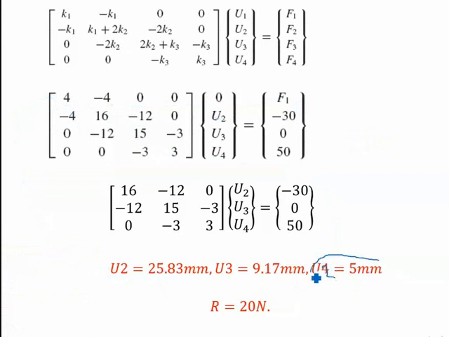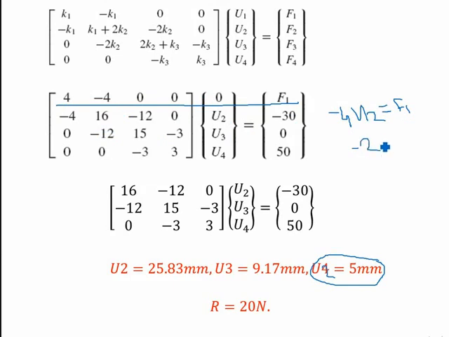Now you put this U2 in the first equation, which is 4 into 0 minus 4 into U2, it is equal to F1. Now F1 is equal to minus 4 into 5, it is minus 20. That is your support reaction R. Have you got it?